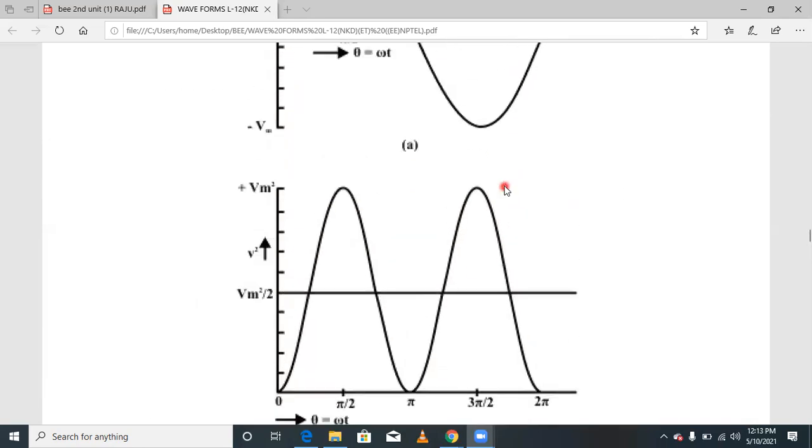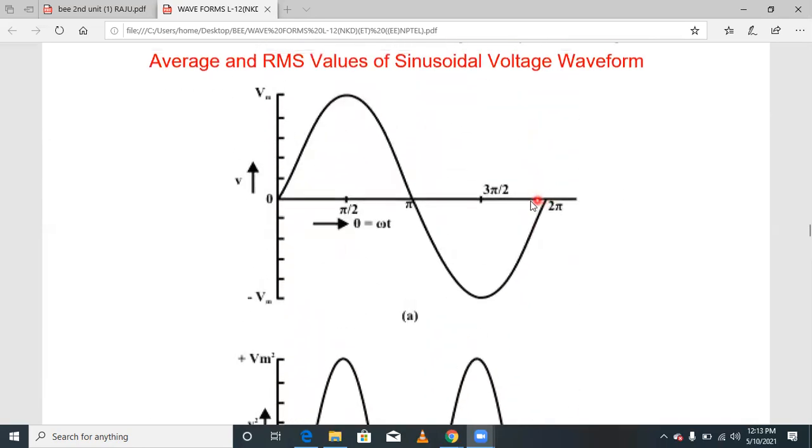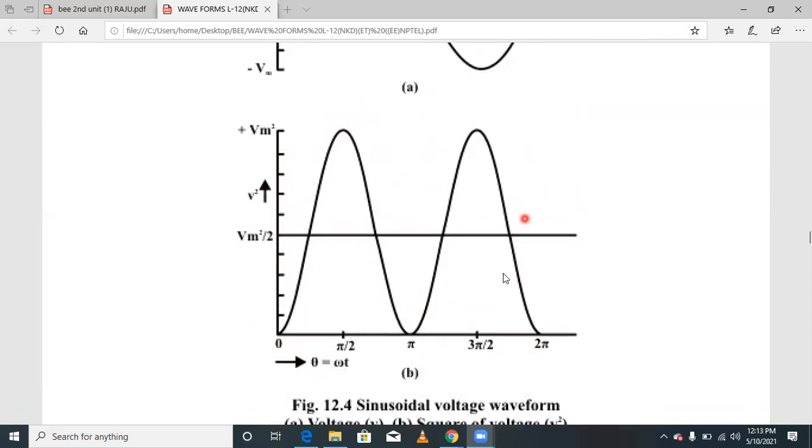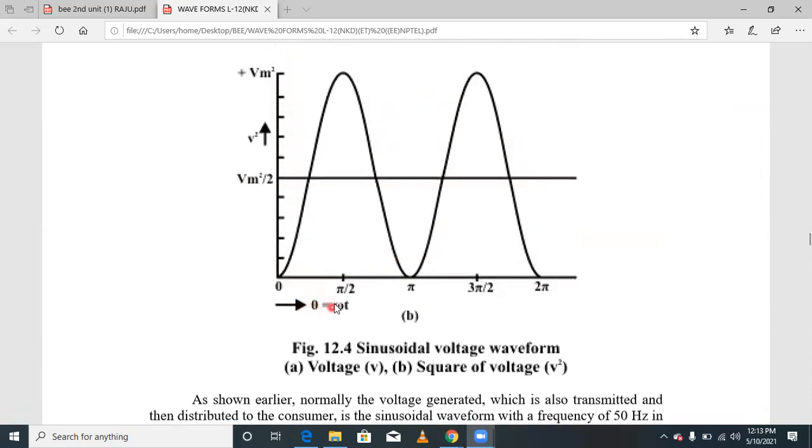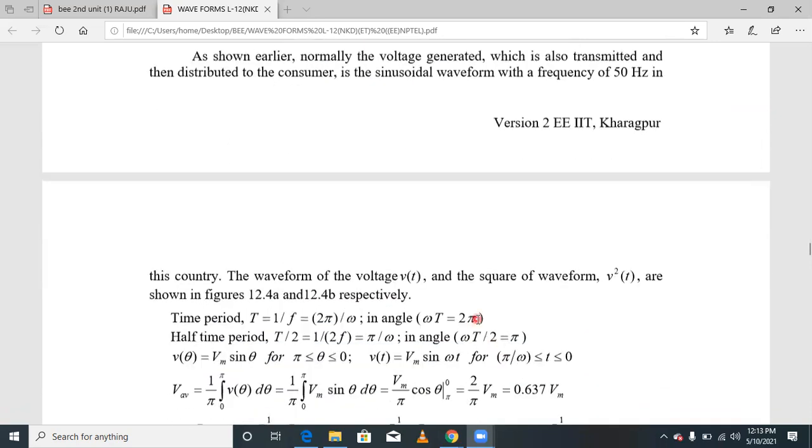Up to here, 0 to 2 pi, is the time period T, that is equal to 1 by f, and that is equal to 2 pi by omega. In angle, theta is equal to omega t.